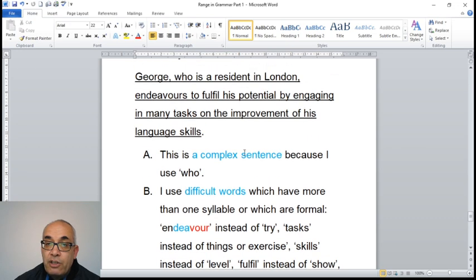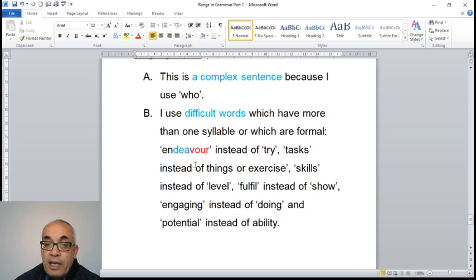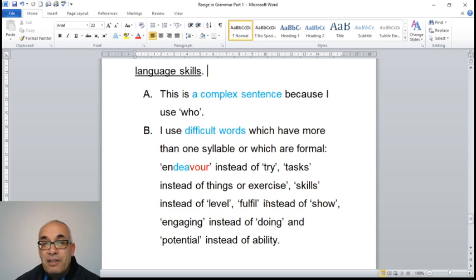I can say show my potential or fulfill my potential, but show is entry 1, entry 2, but fulfill is a high level, level 1, level 2. Engaging instead of doing, doing an exercise or engaging in the exercise. So engaging is a high level, and potential instead of ability.